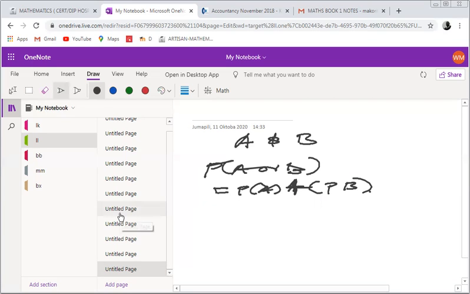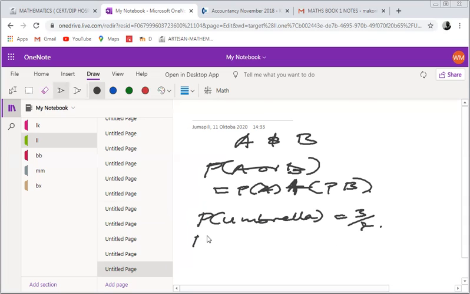You can have a question where you are told the probability that a student is going to carry an umbrella is 3/7, and the probability of raining is maybe 2/5. Now you are asked, what is the probability that the student is going to carry an umbrella or it rains?